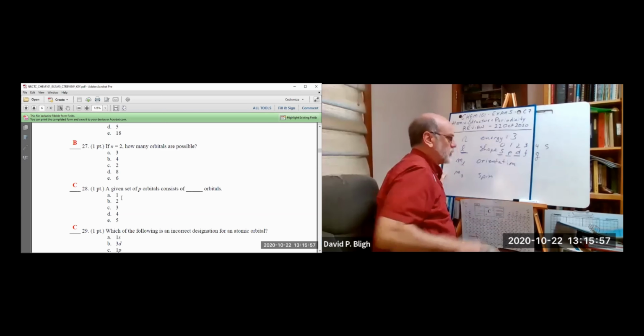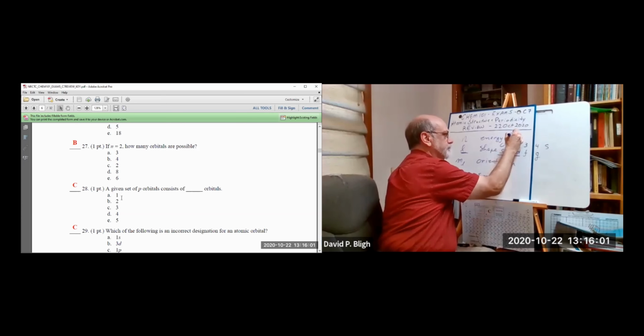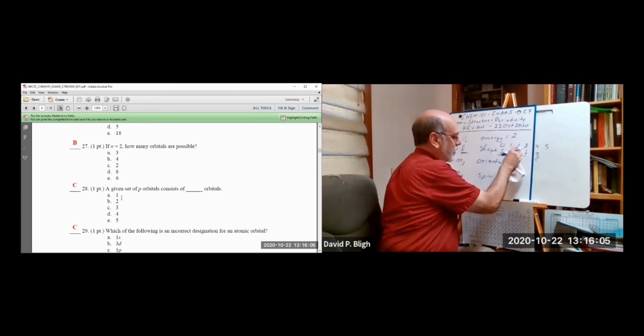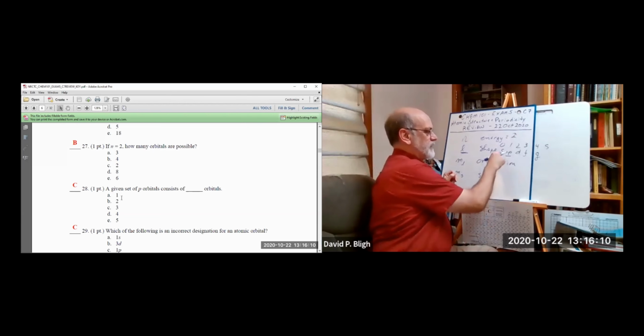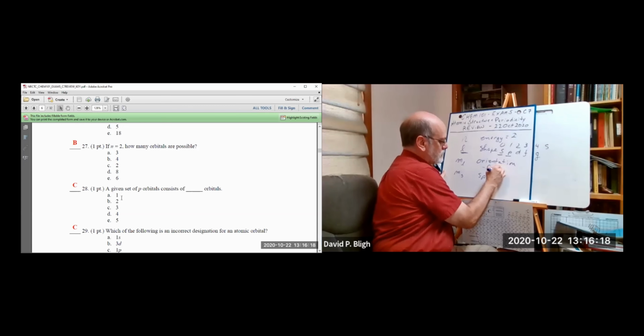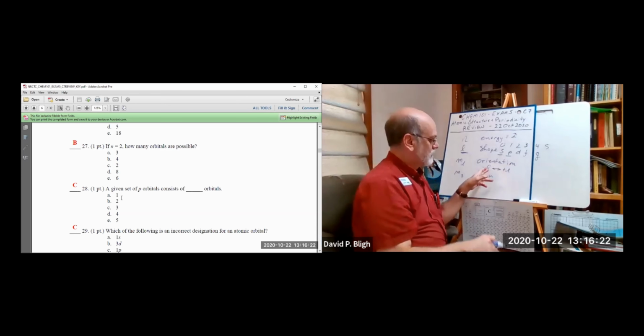Well, then we can have this one and this one. So we've got only one possibility here, right? Because m sub L is minus L up to plus L in whole number increments.